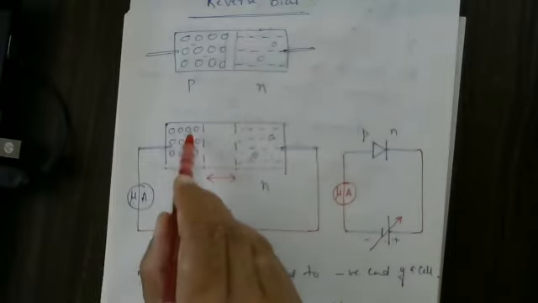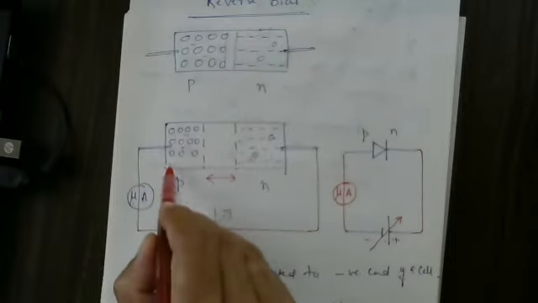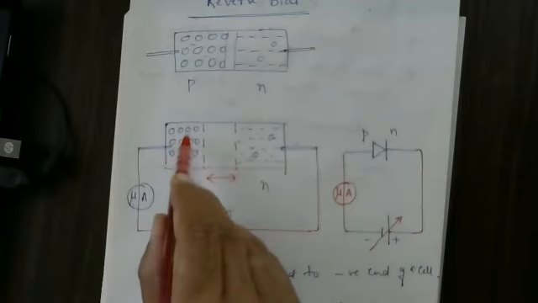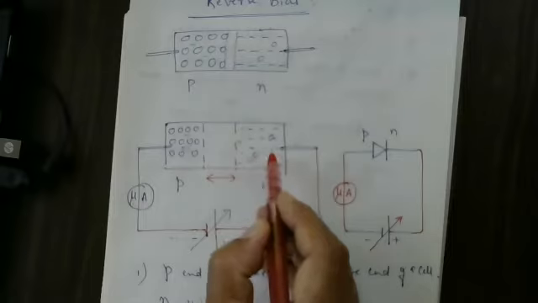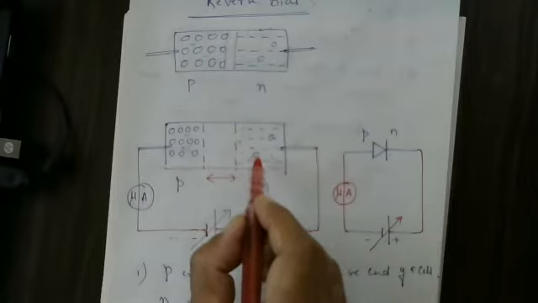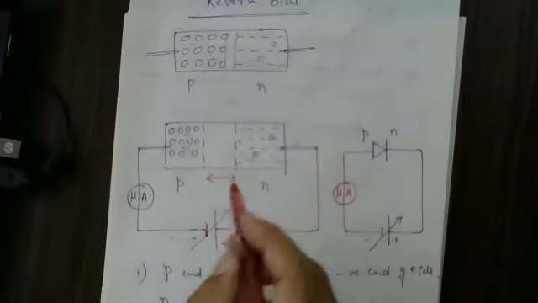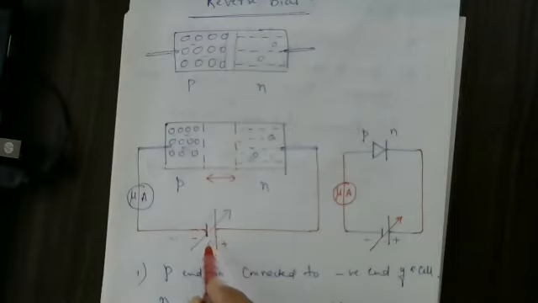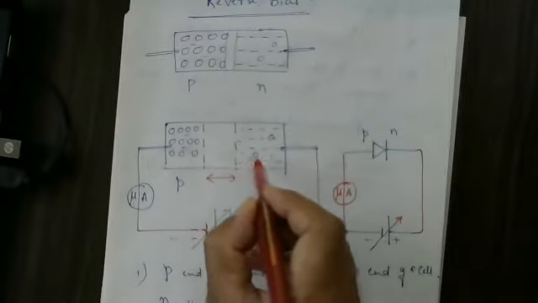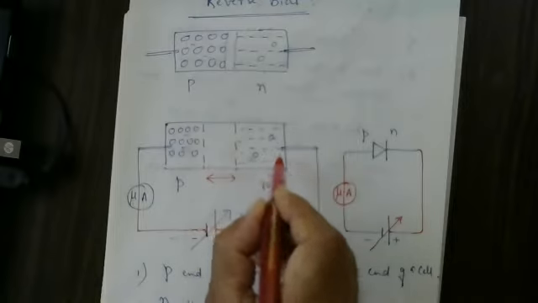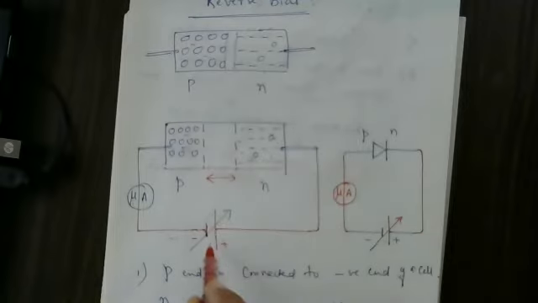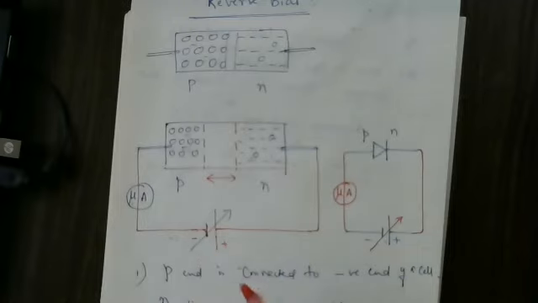Here also covalent bonds break in larger numbers, so the minority charge carriers increase, and a larger current starts to flow. That particular voltage at which covalent bonds break and a little more current starts to flow is called the breakdown voltage.